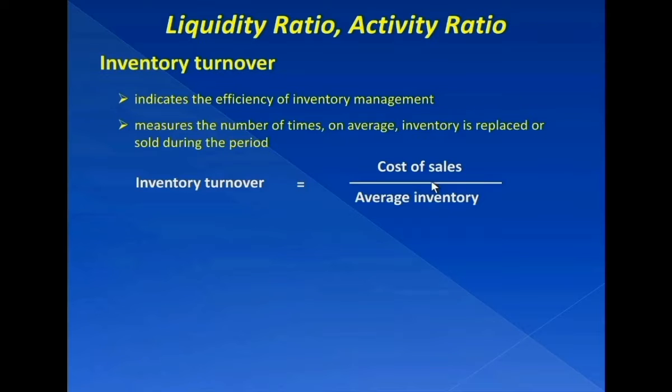Specifically, what kind of expense? Cost of sales or cost of goods sold. That's why the numerator must be cost of sales. When inventory is sold, it becomes cost of goods sold or cost of sales. Hence, the numerator is cost of sales or cost of goods sold.